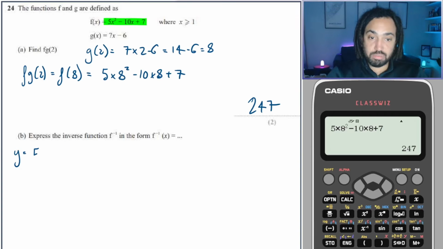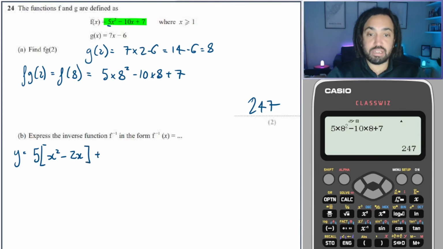Okay. So this time we've got to complete the square. And the x squared term isn't 1, it's 5. So we've got to take a 5 out of the two x terms. Oops, so when I take out 5, I'm going to get minus 2x. And I'm going to leave the plus 7 there.